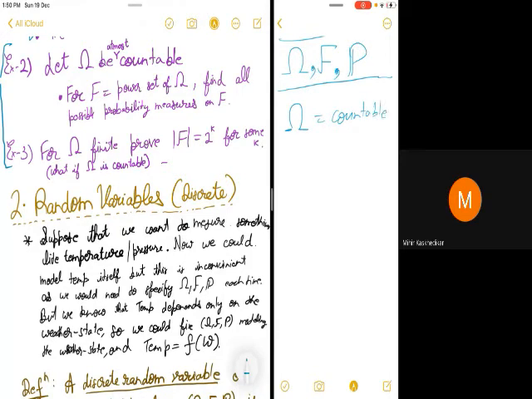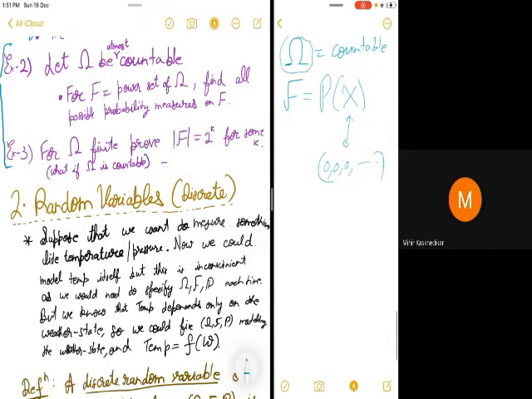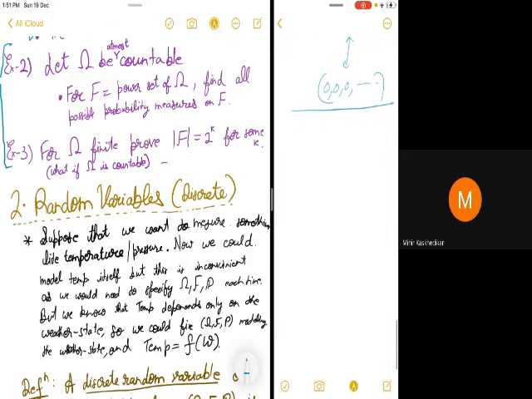then our event space will have to be the power set of some set X, where this set X will correspond to a partition of omega. We will prove this for finite things, for capital omega being finite.